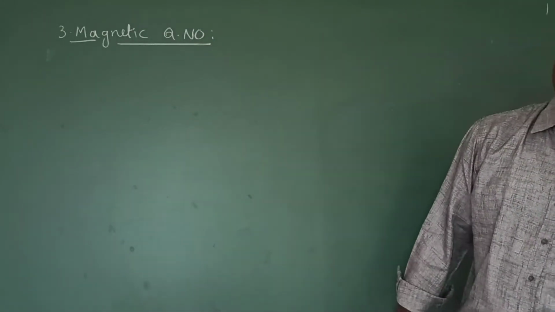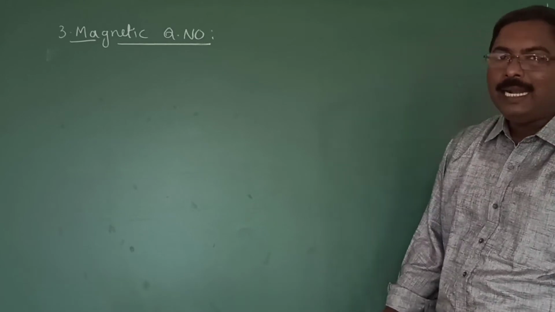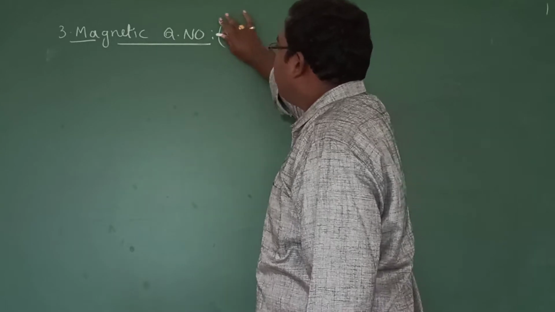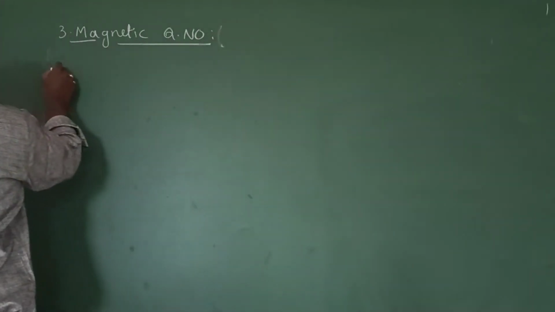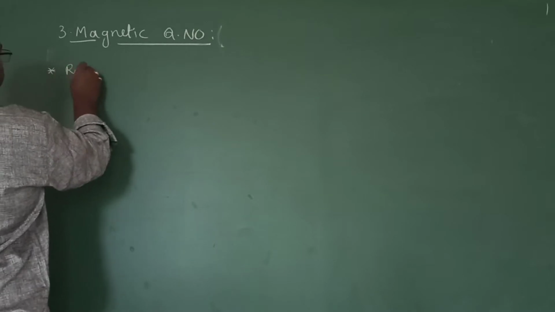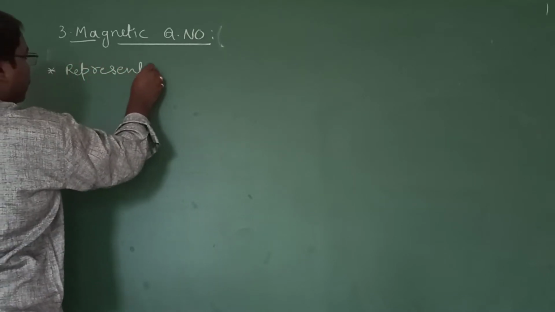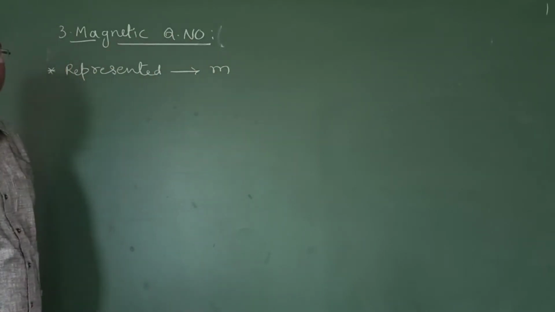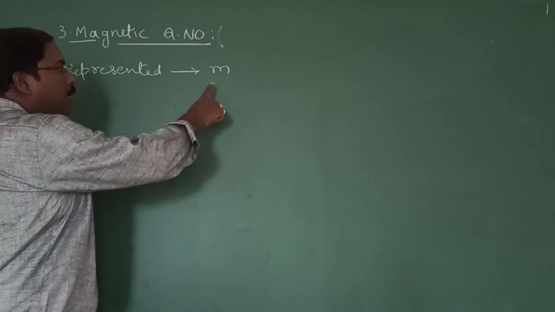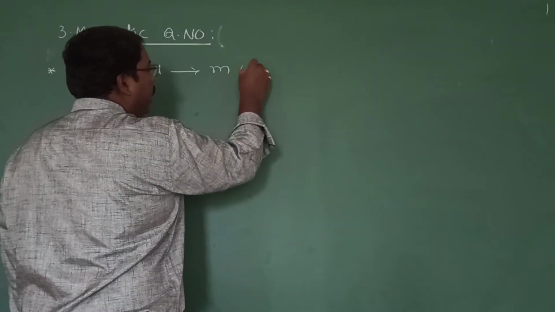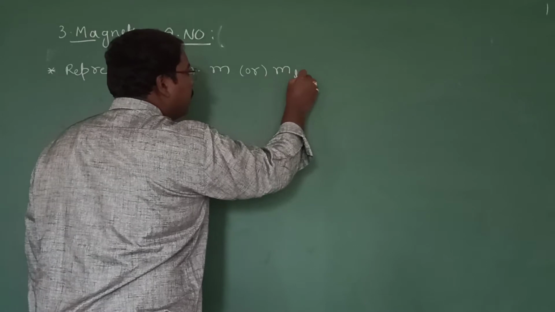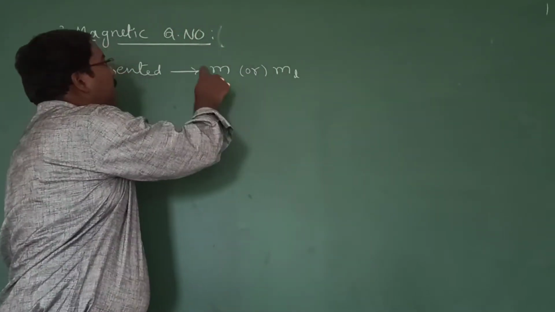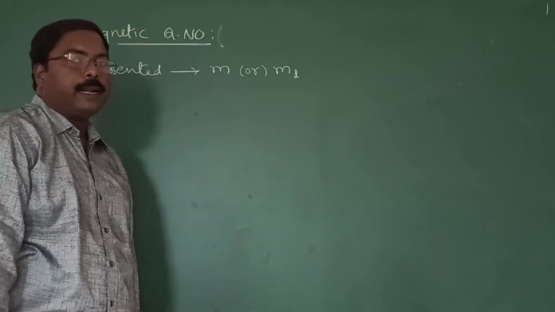Till now we discussed two quantum numbers. Now the third one is the magnetic quantum number, which is represented simply by small m, or it can also be represented as m with the subscript L. Okay?